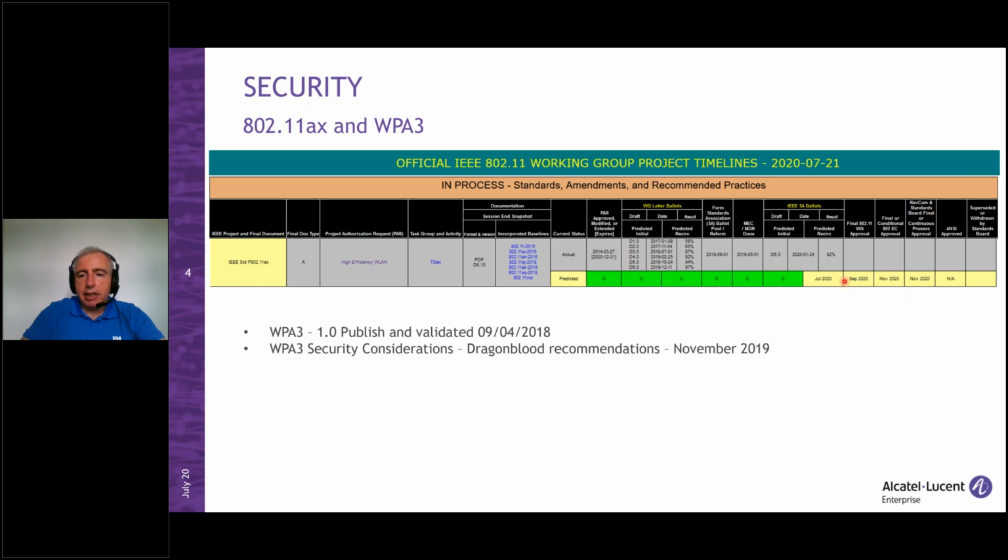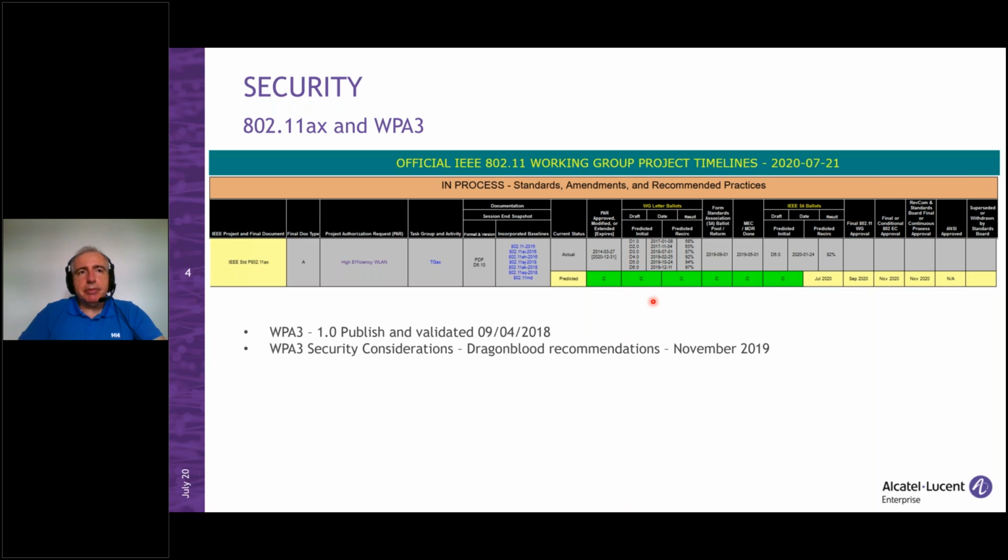So this is the key point. And why is the Wi-Fi Alliance certifying now something that is going to be final in three or four months? Basically because we don't expect dramatic modifications that change everything. We are probably finishing some specific points, but not modifying any point in depth.